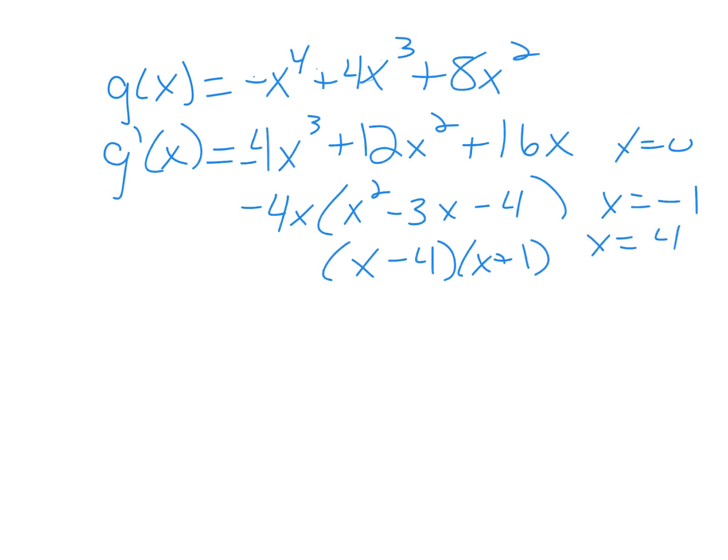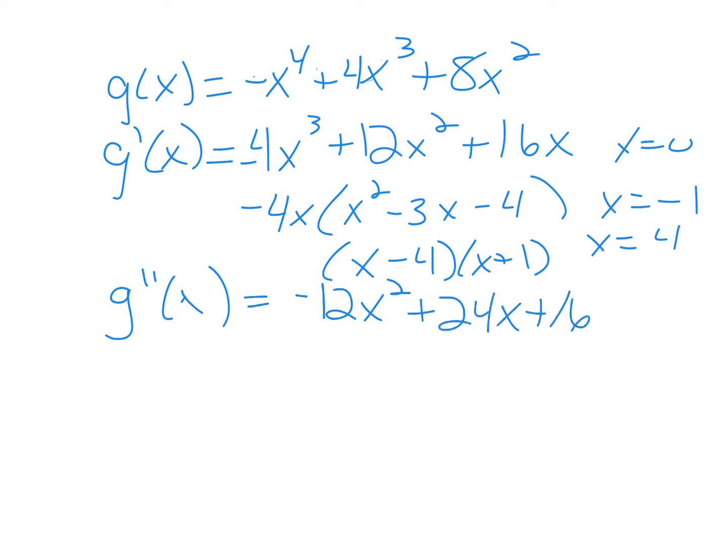Now we need to tell if they're a min or a max, so we have to find the second derivative. We're using what we had up here for the first derivative. When we do that, negative 12x squared plus 24x plus 16. GCF is 4, to make our lives a little bit easier.